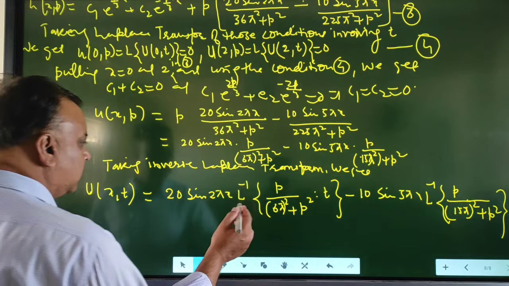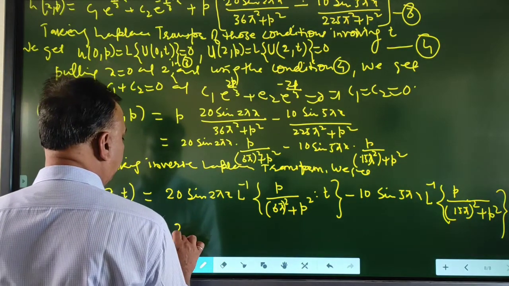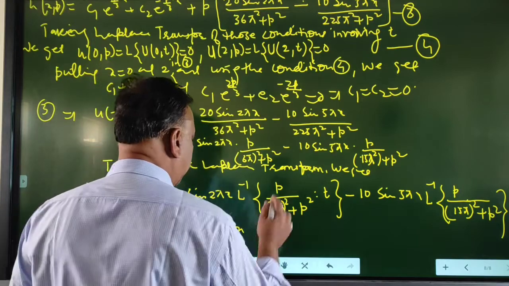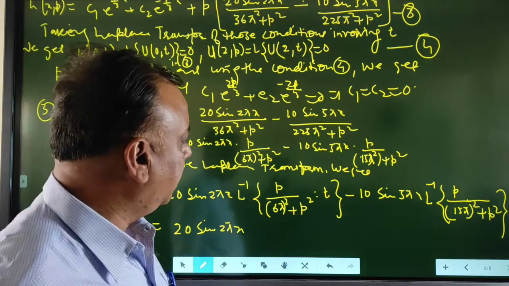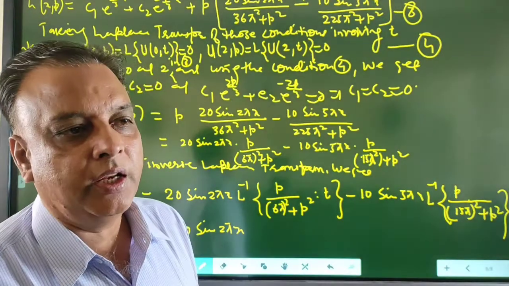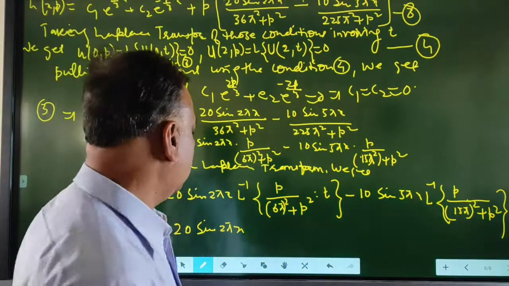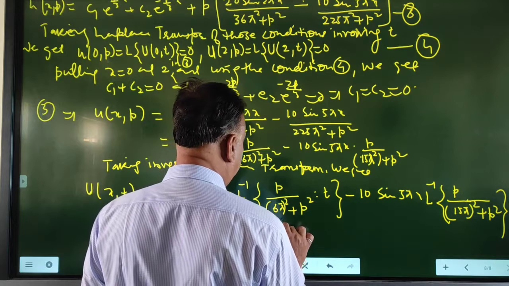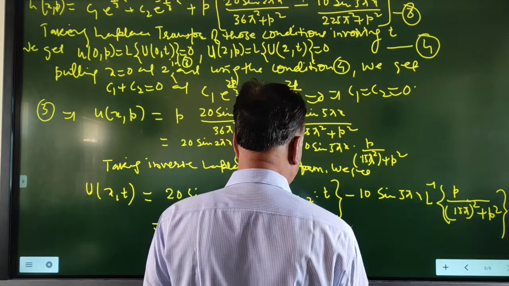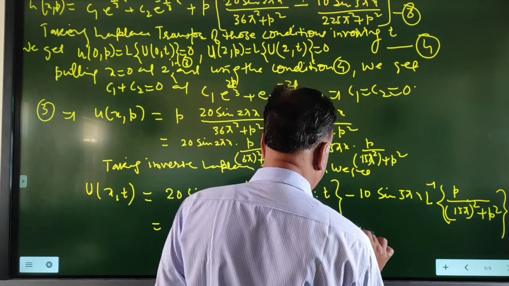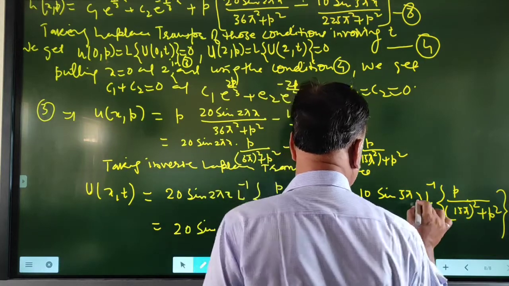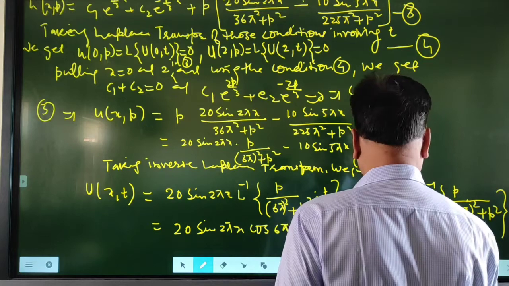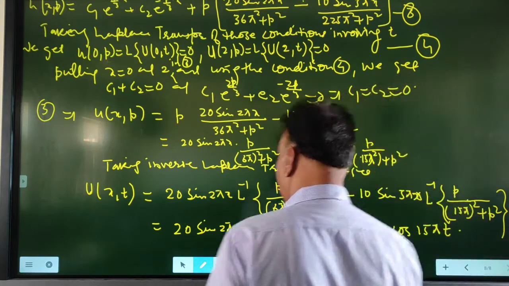The inverse Laplace transformation of p upon p square plus a square is cos at. So this is 20 sine 2 pi x cos 6 pi t minus 10 sine 5 pi x cos 15 pi t, which is the required solution.